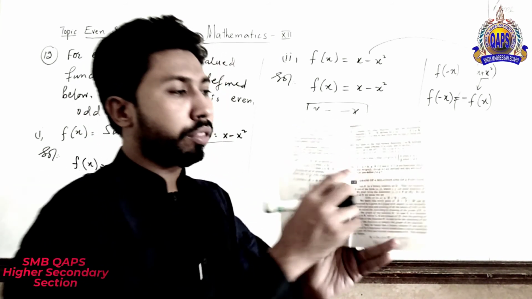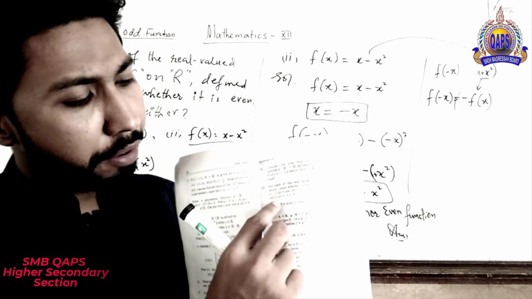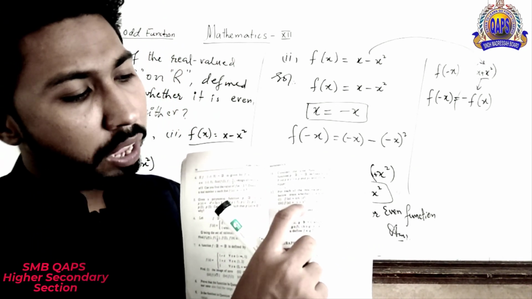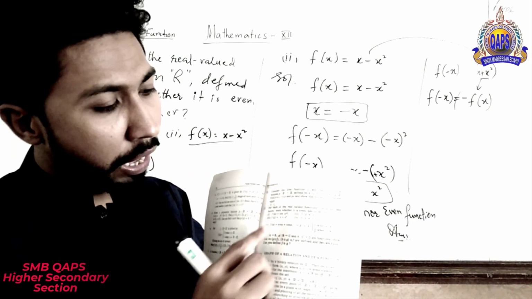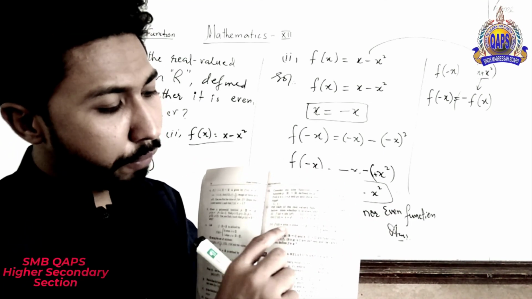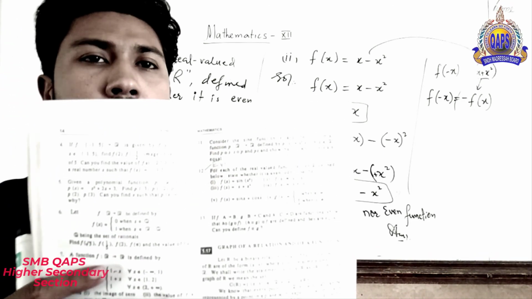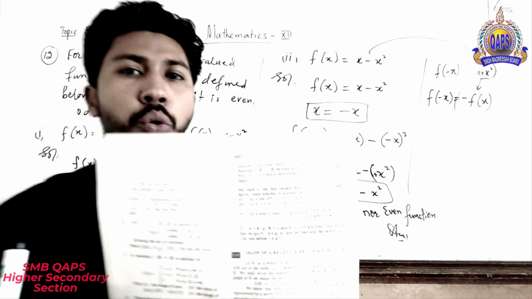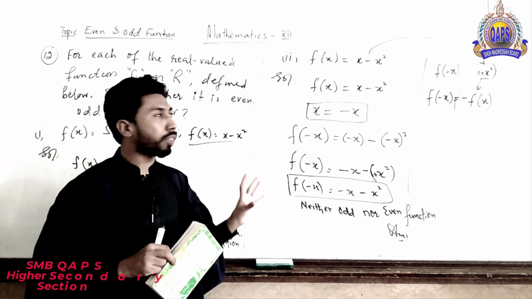Question number 12, part number 3: f of x is equal to x plus x cube, on page number 15, and the function f of x is equal to sin x plus cos x. You can solve these two problems yourself with the help of these examples.